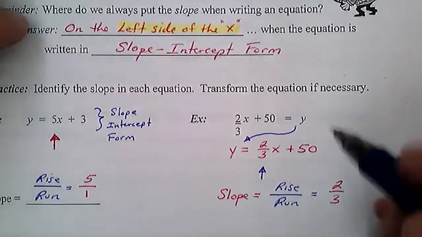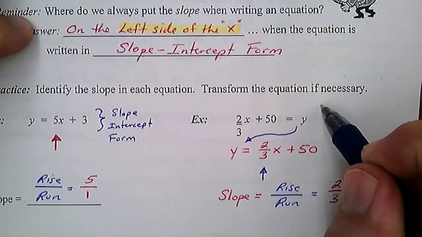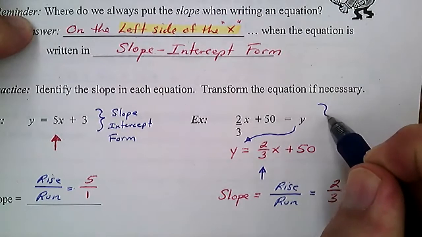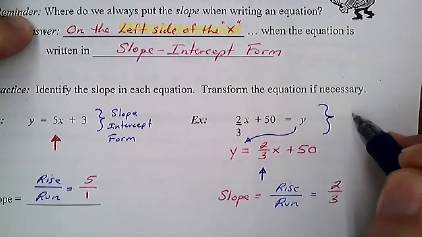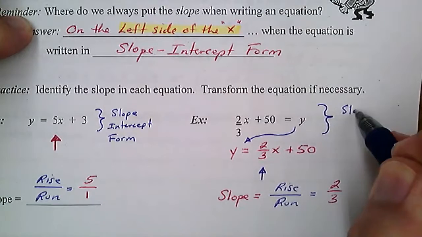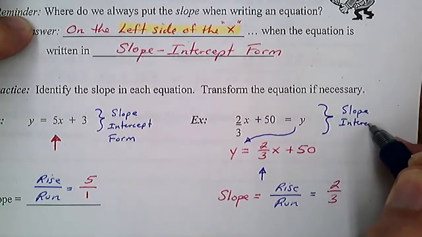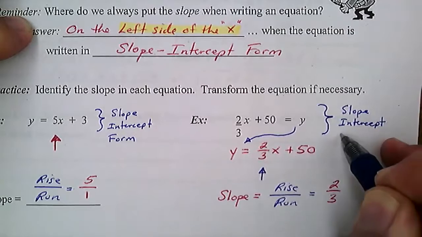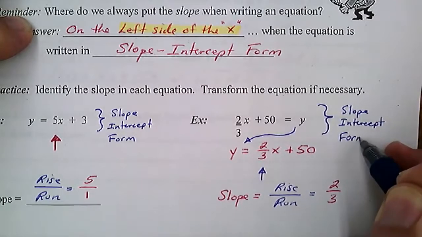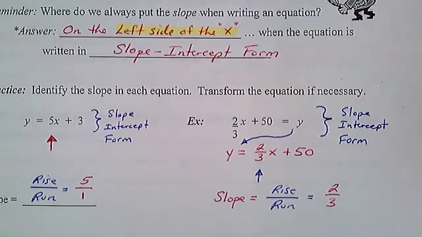Okay, and once again, I'm going to label this as slope-intercept form. Okay, all right, we're going to do a few more.